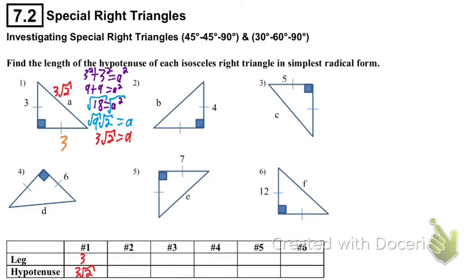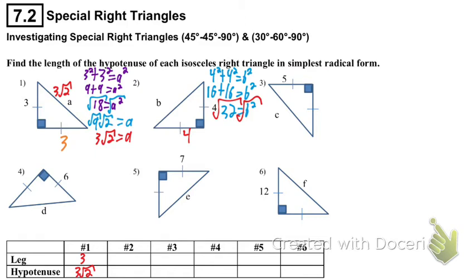All right. On number 2, this leg was 4. As we set up our Pythagorean theorem, we end up having 4 squared plus 4 squared equals b squared. 4 squared is 16, 4 squared is 16. 32 is equal to b squared. We square root both sides. Now, 32 is not a perfect square.